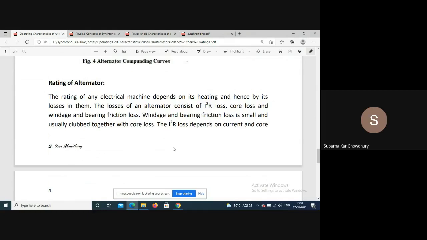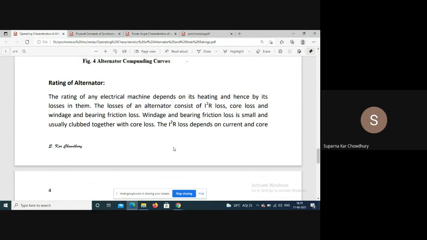Now for an alternator, what are the main losses? Main losses are I square R loss, core loss, and windage and bearing friction loss. Windage and bearing friction loss is small compared to I square R loss and core loss. So the main bulk of the loss is I square R loss and the core loss.